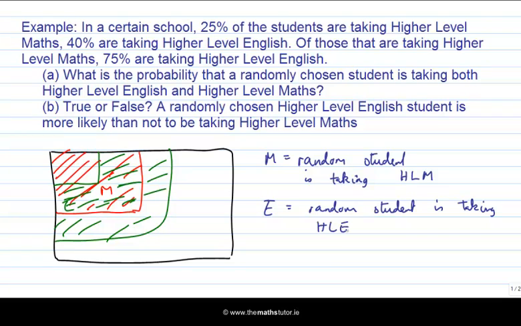Now this information that we're given, what does that mean in terms of probabilities? Well, the probability that a random student is taking higher level maths is 0.25, because 25% of the students are taking higher level maths. So if we choose one randomly, the probability that we get one inside the set M is 0.25, and the probability that we end up inside the set E is 0.4, 40%.